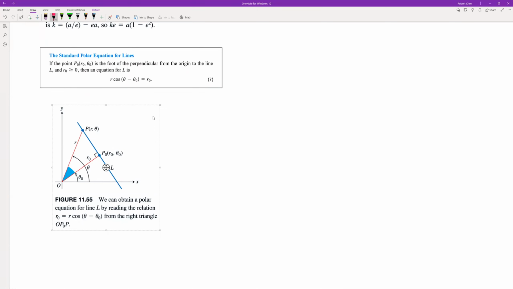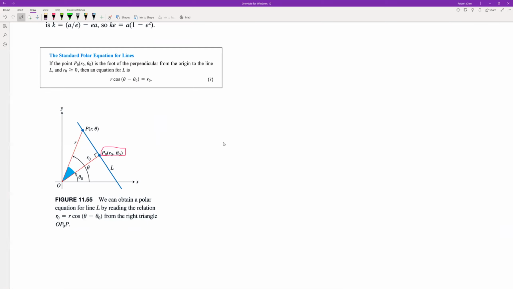So let's look at this. If the point P0 is the foot of the perpendicular line from the origin to the line L, and r0 is greater than or equal to 0, then the equation for L is r cosine of theta minus theta 0 is equal to r0. Let's say we have a blue line like that, and then you draw a perpendicular line to this, and you get this point P0.